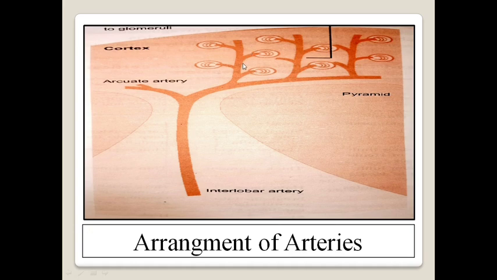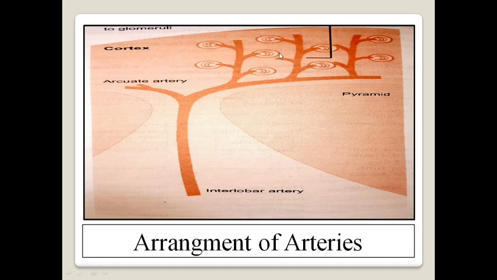Then what will happen from here? This afferent arteriole enters into the glomerulus, and after forming the glomerulus, they reunite again and come out as the efferent arteriole. And leaving the glomerulus, two types of nephron exhibit different behavior.